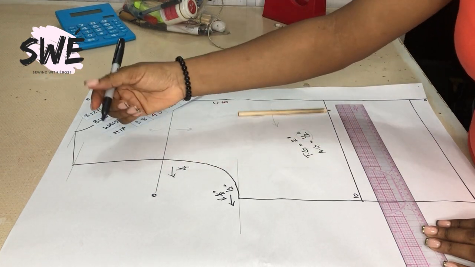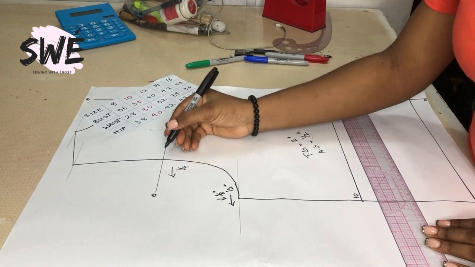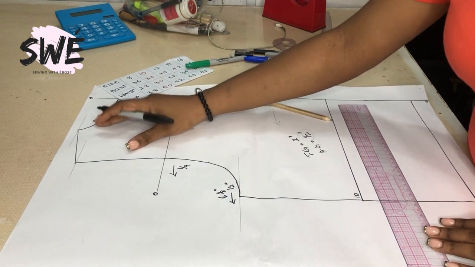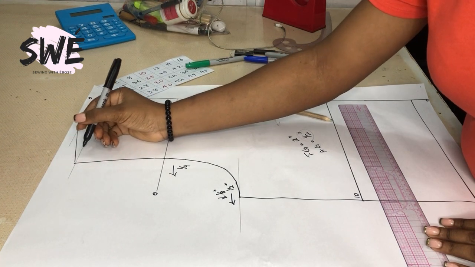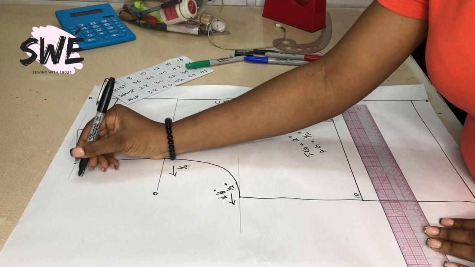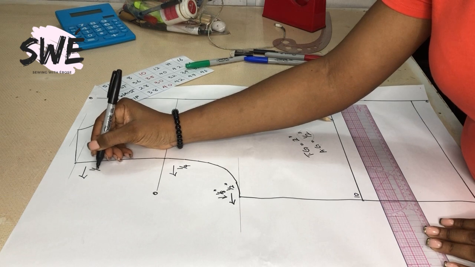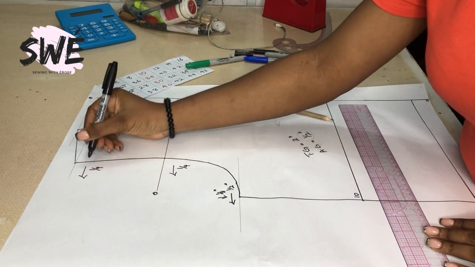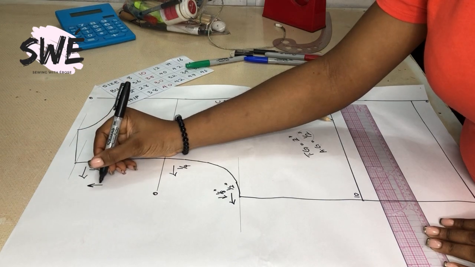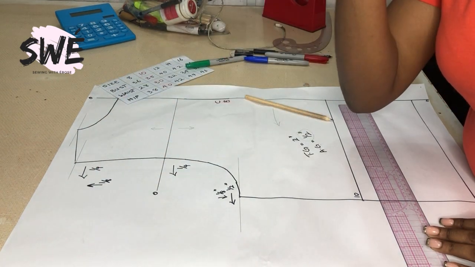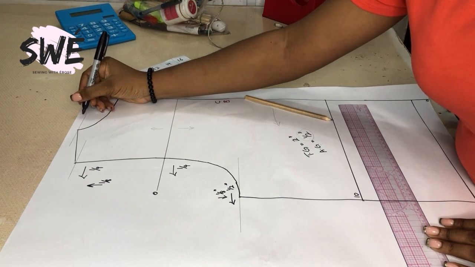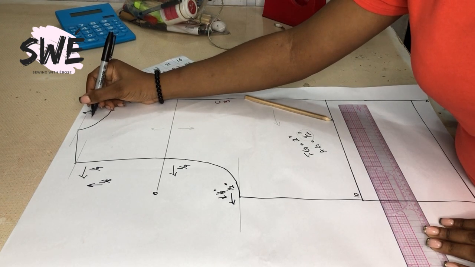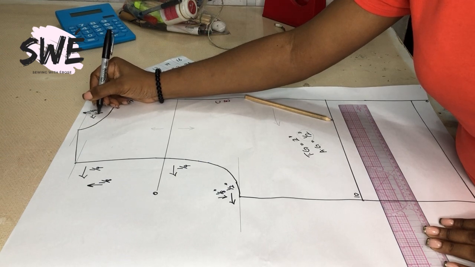There is no up and down here, it's just going out because this is a fixed point. The next increment here, we are going out 1/4 inch and up, where do I position this? Up 1/8 of an inch. At this point, you are going up 1/8, out 1/8.